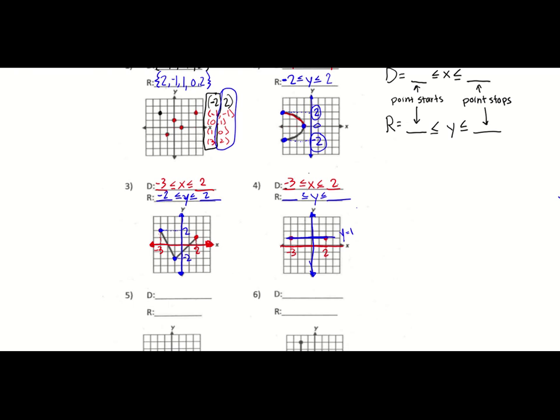So this is saying that no matter where my point on my line is, it is always going to be 1. So that means I can actually erase this right here. My range is always just going to be 1. And I can write that as y equals 1. Always. For this line, my range will always be equal to 1.